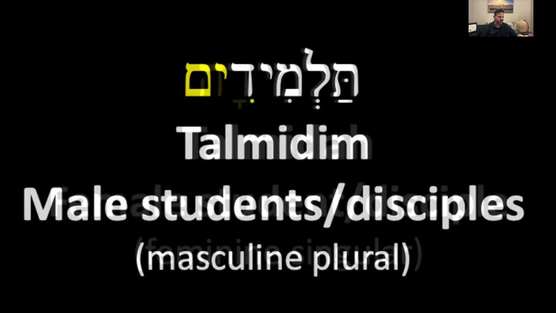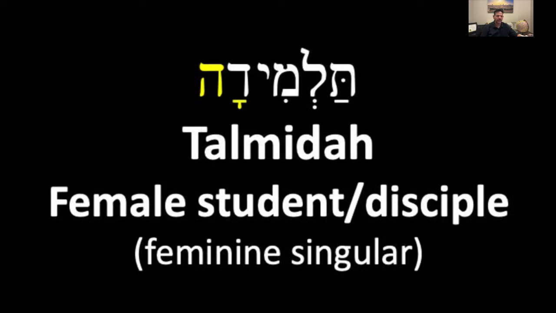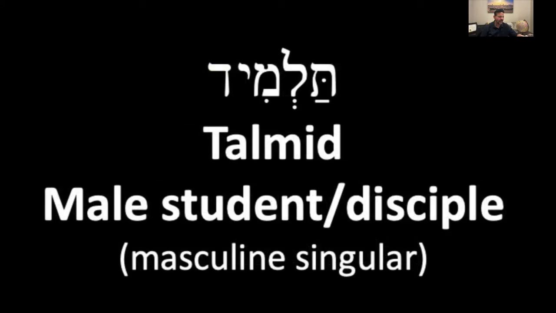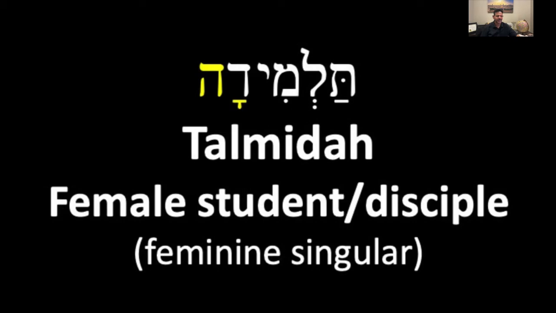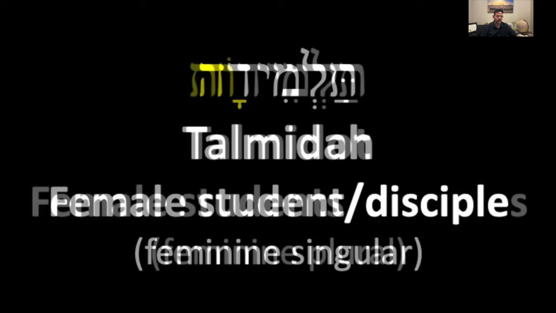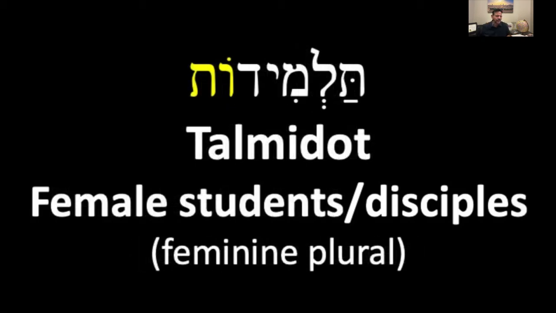For a feminine form, singular, we would actually say Talmidah. So we start with Talmid and add the A sound, Talmidah. Instead of Talmid, Talmidah. But when it's feminine, to go plural, we say Talmidot.